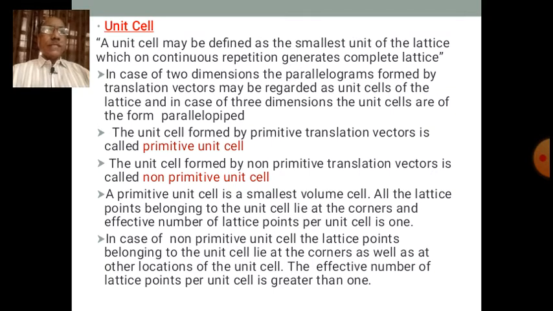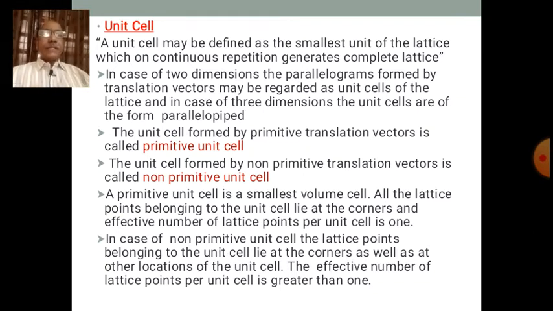A unit cell formed by primitive translation vectors is called a primitive unit cell, and a unit cell formed by non-primitive translation vectors is called a non-primitive unit cell. You can choose a primitive or a non-primitive unit cell to generate the complete lattice. A primitive unit cell is the smallest volume cell.